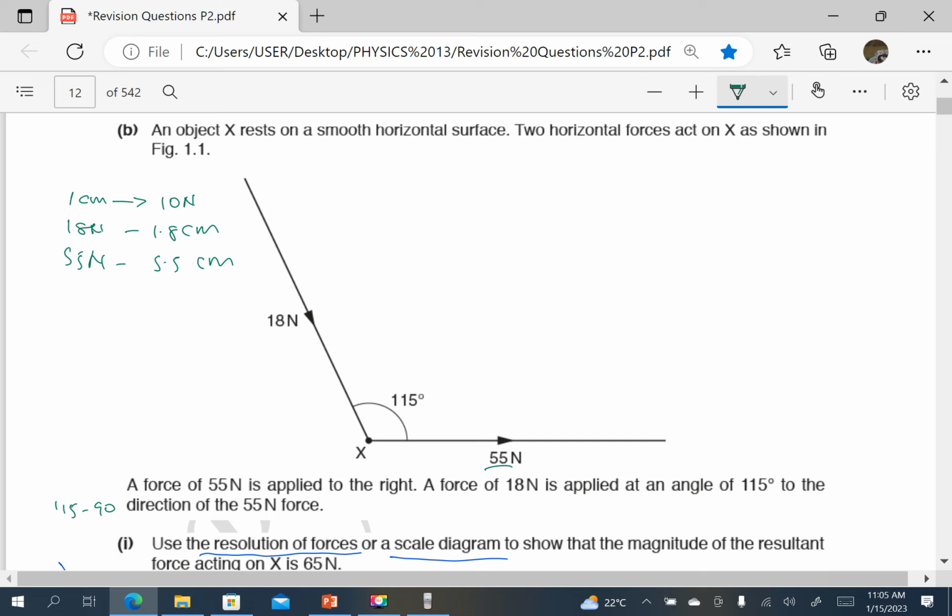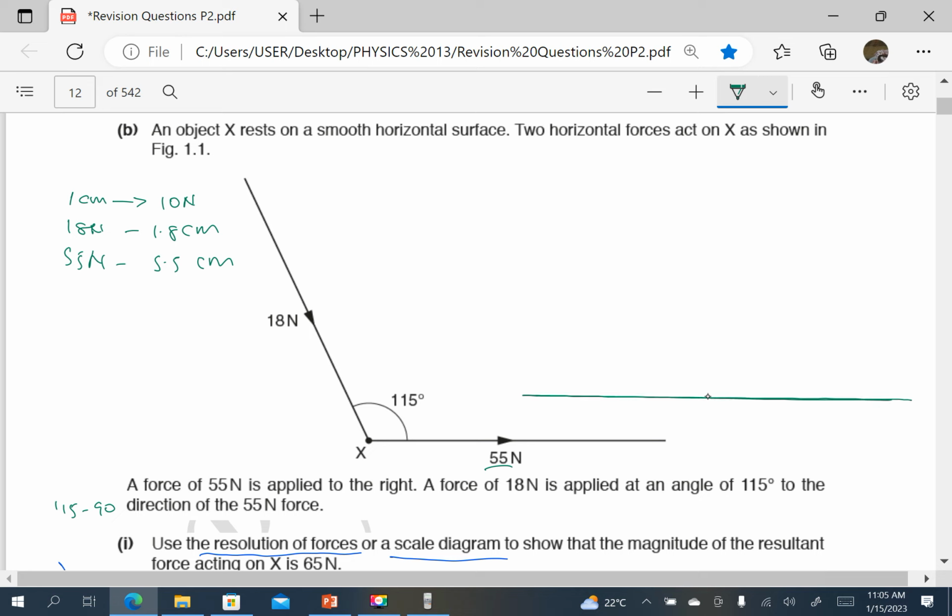So I'm going to draw a horizontal line, and on this horizontal line, I will measure 5.5 centimeters. I hope my ruler works for me very well. I may not be very accurate because I'm drawing on a computer.